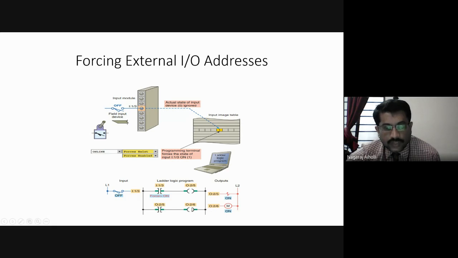Once this coil is energized, the output motor is energized and the motor turns on, O:2/6. In the upper part, the solenoid is turning on, O:2/5, and in the second rung, the motor is turned on. A simple program, a simple process to illustrate the concept of forcing and how it changes the operation of the ladder rung program.